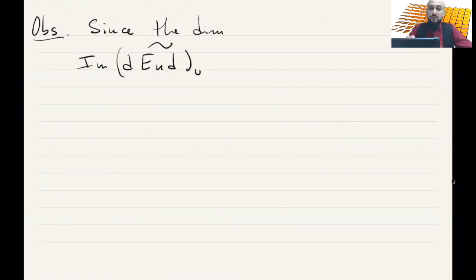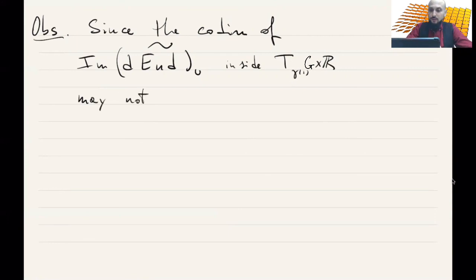Okay, so this was a proper subspace, but the codimension of this subset inside the tangent space at gamma 1 times R is at least 1, but might be bigger, so it may not be 1.